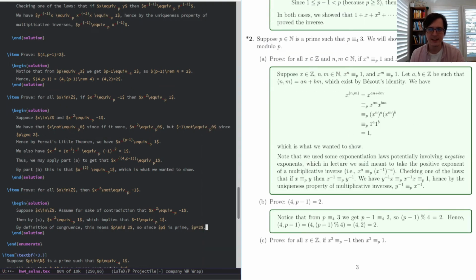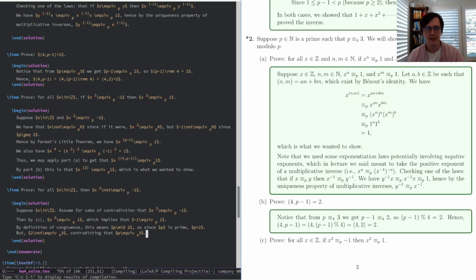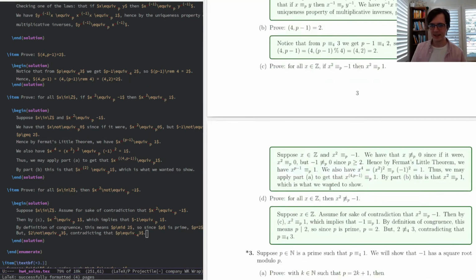But that's where the contradiction happens. 2 is not congruent mod 4 to 3, contradicting that p is congruent mod 4 to 3. There we go. That's the second problem.